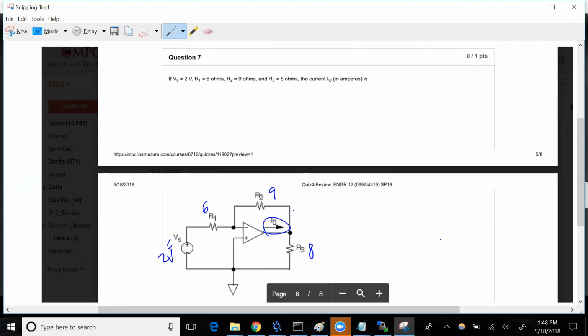Now you can only do this if you know what V0 is, right? But we can see this is an inverting op amp, right? So V0 equals minus VS times 9 over 6. Right? What's it minus? It's an inverting op amp. Yeah, when the input goes into the minus sign, it's going to have a minus in front of the output.